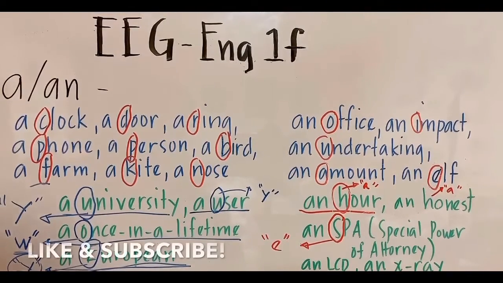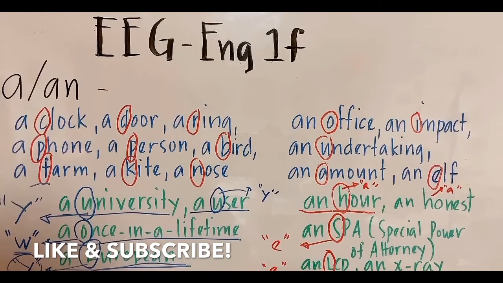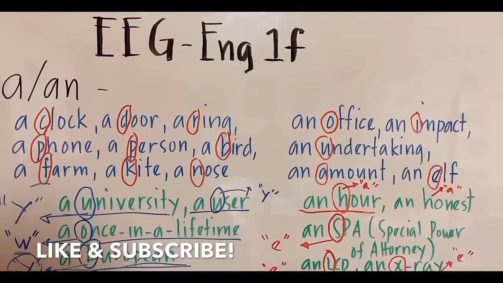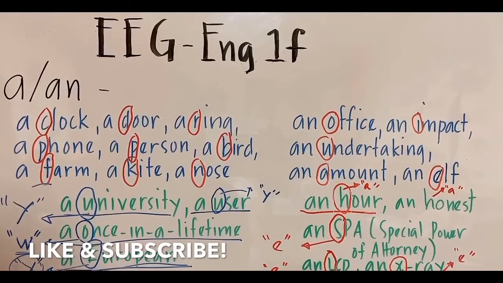Likewise with this example, an LCD starts with a consonant, however if you listen to it, it starts with a vowel sound. And likewise, an X-ray starts with a consonant letter, however the sound is a vowel sound. So we are done with the article a or an.